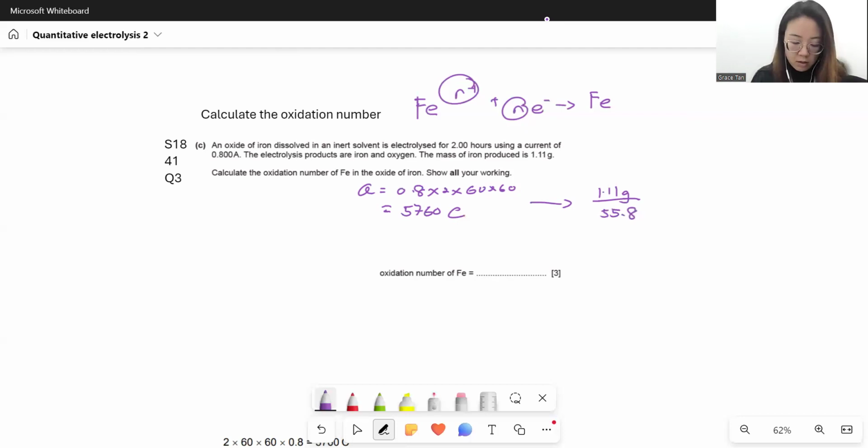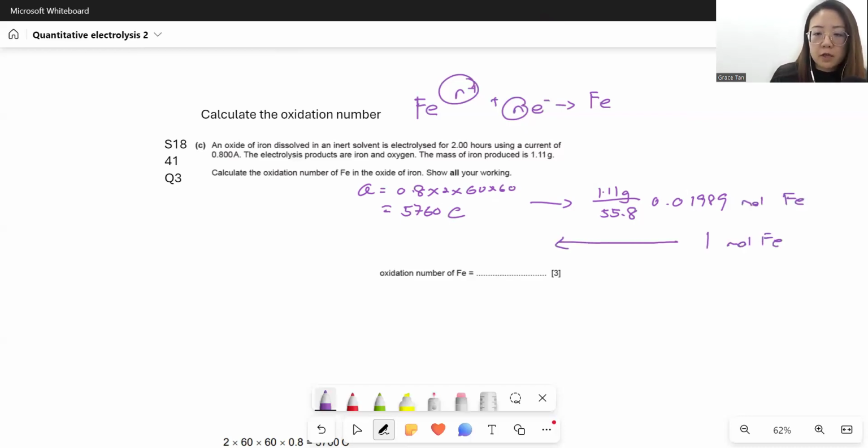Okay, so therefore, the number of moles is 0.01989. So based on the experiment values, we know that 5760 coulombs gave us 0.01989 mole of iron. So let's ask ourselves, to obtain 1 mole of iron, how much quantity of charge is needed?